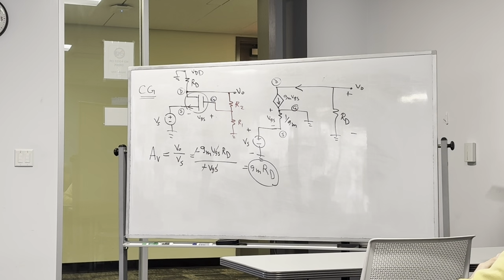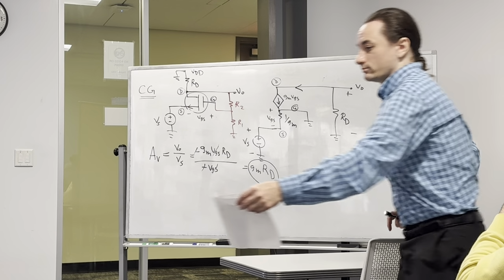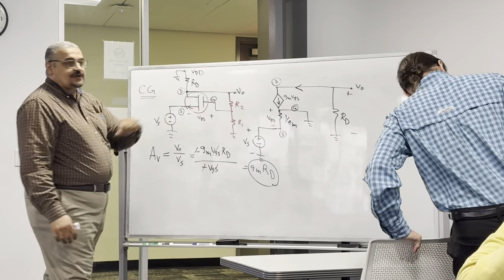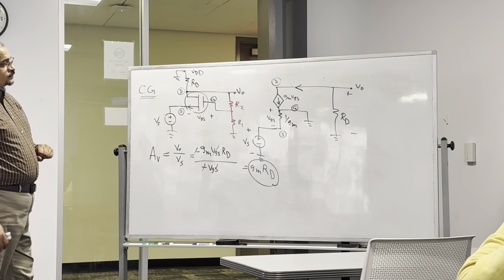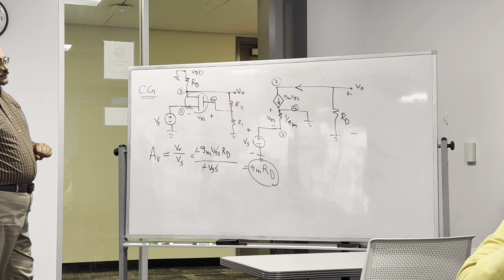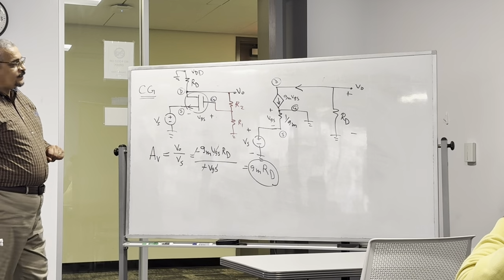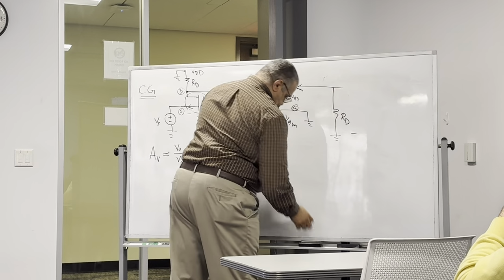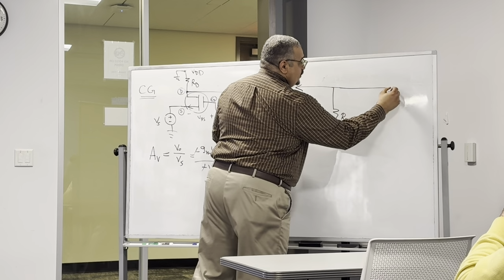And the question is how to find the gain in this case. If you do the direct analysis, it's easier to assume some things. So how can we introduce this circuit here? It's going to be here, right? So this one here, V out.